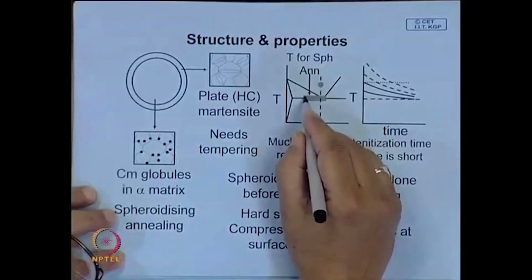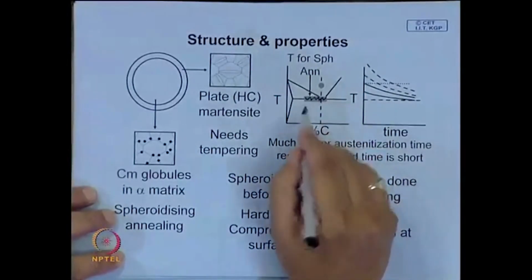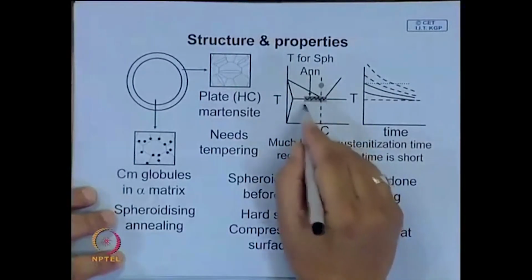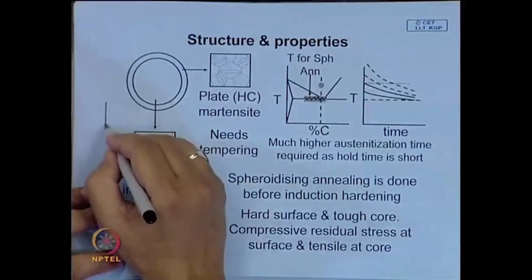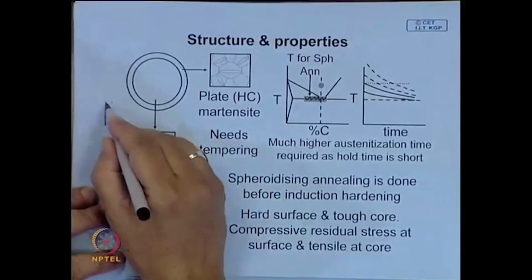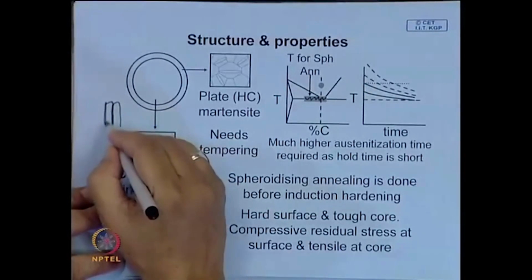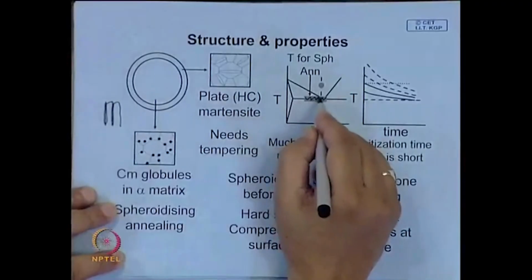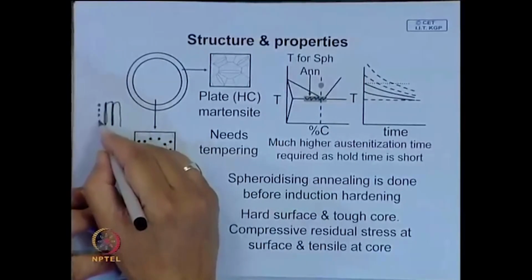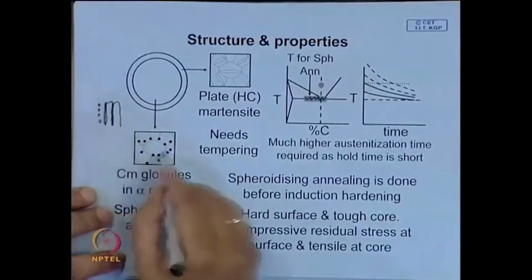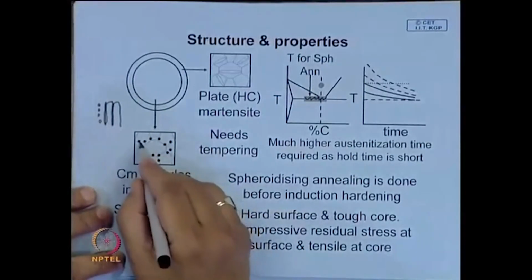Usually if you keep around this eutectoid and the temperature is slightly fluctuating, it gets spheroidized very quickly. That means the cementite plates in pearlite, if you keep it for a little longer, break down into globules, and by this it is possible to have a totally globular structure.